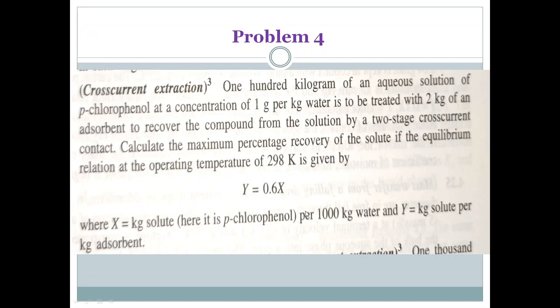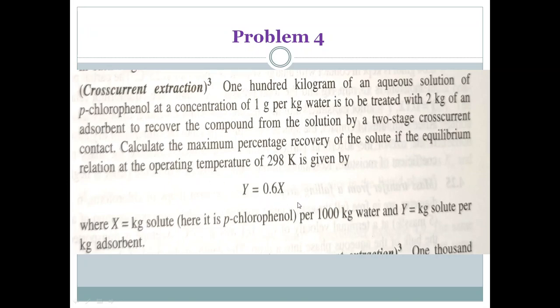So I need to correct this in the same way. I should have kg per kg, or if it is kg per 1000 kg, here also I should express kg per 1000 kg. Or if I express kg per kg absorbent, then x also should be kg per kg of water. So that change I need to make here.